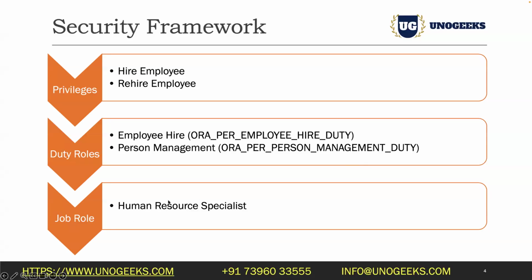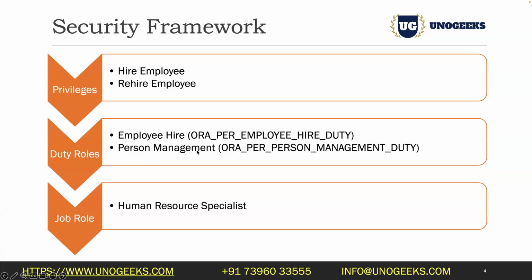If you look at the definition of a job role, you see that there are a lot of duty roles inherited by that job role. Whatever duties HR should perform, all those duty roles are assigned here. For HR to hire employees, she should be able to see a hire an employee page, a rehire employee page, and so on.